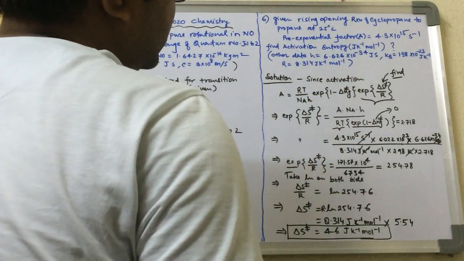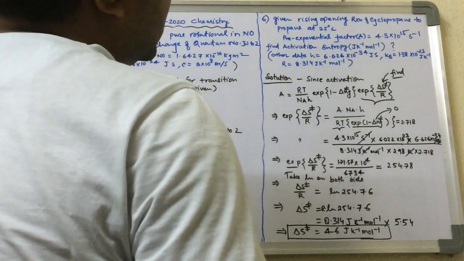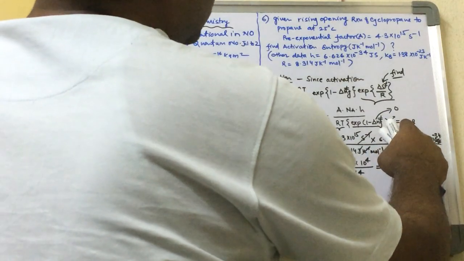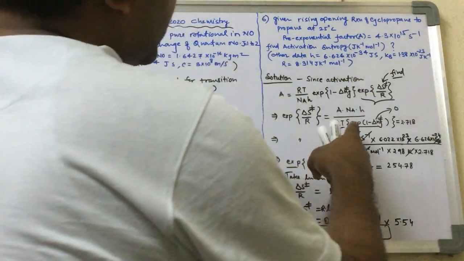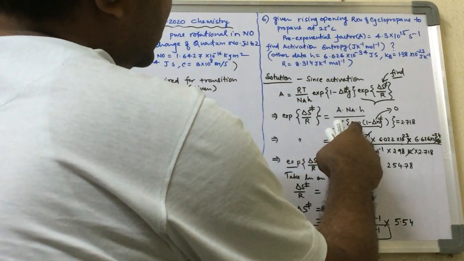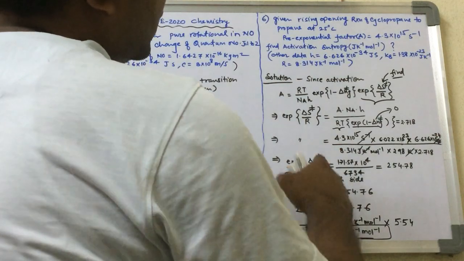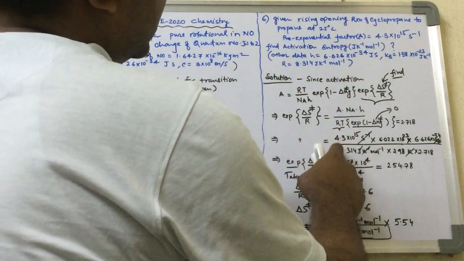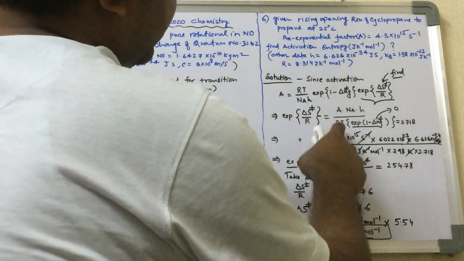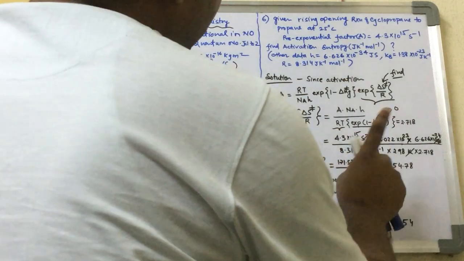So here if you put delta Ng, you will be left with exponential of 1. As we know, exponential to the power 1 is equal to e, so the value of e is 2.718. Okay, so we put 2.71 in place of exponential. As given in the question, pre-exponential factor A is given, 4.3 into 10 to the power 15, and N_A Avogadro number is given.